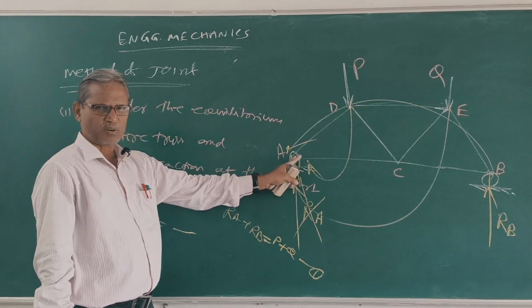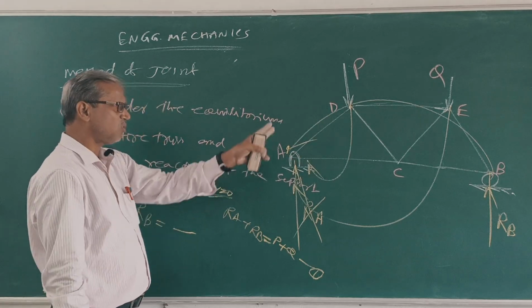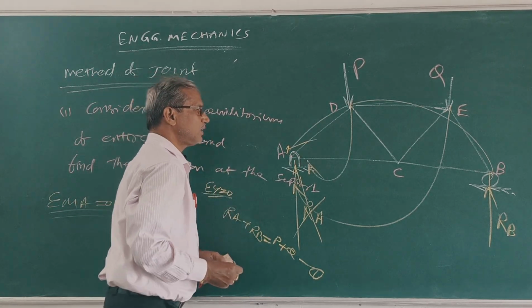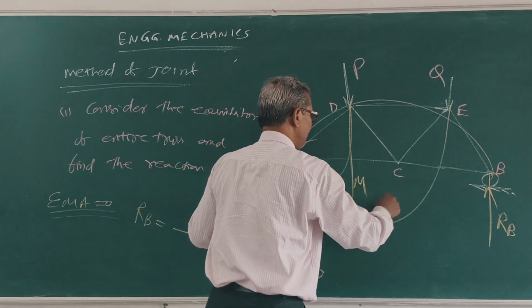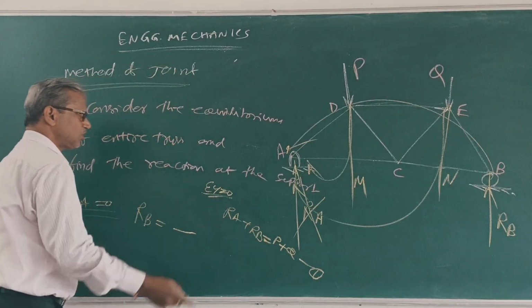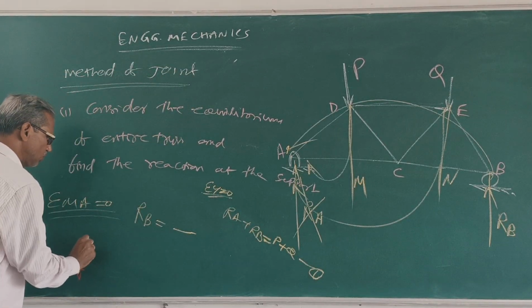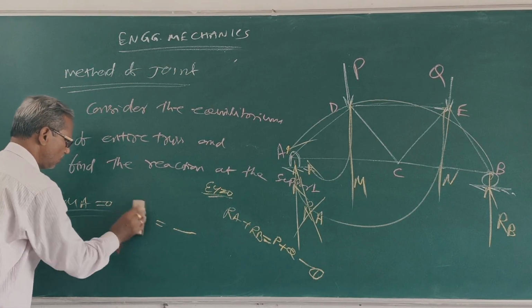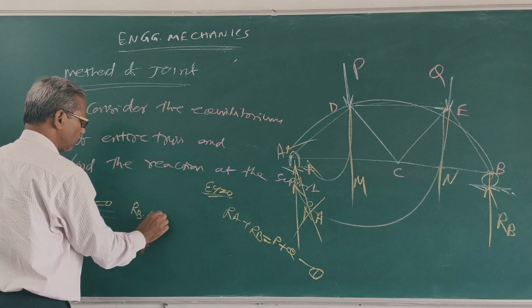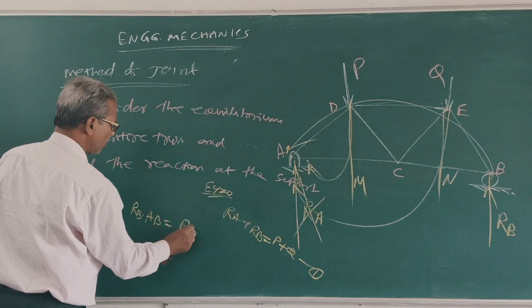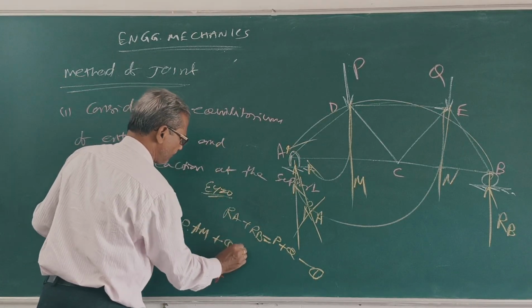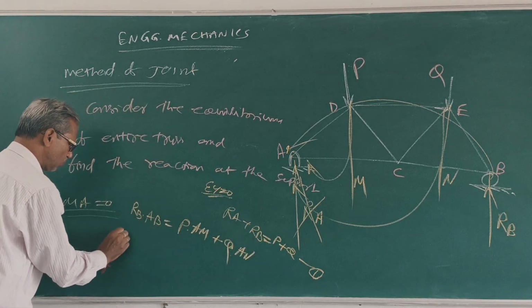Take moment about A: RB into AB is equal to P into M, suppose this is M and this is N, plus Q into N. We find out RB.